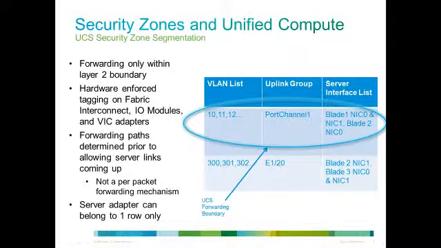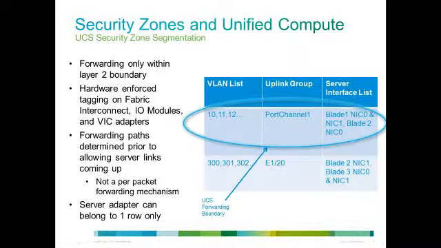Now, the fundamental part of establishing security zones is we have a forwarding boundary. This forwarding boundary is hardware enforced. It is done on ASICs within the UCS infrastructure. VLANs can live within this forwarding boundary, or within this forwarding infrastructure. We're not doing this purely on VLAN tags, and forwarding can only happen within this boundary.